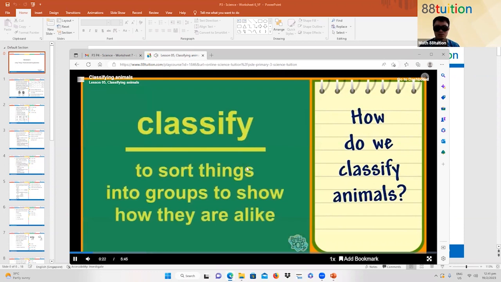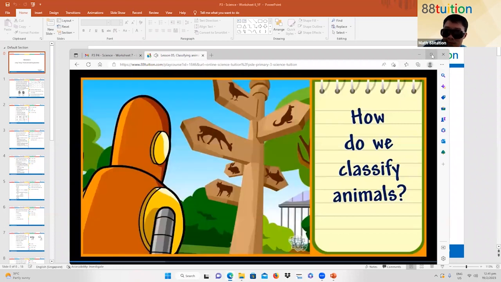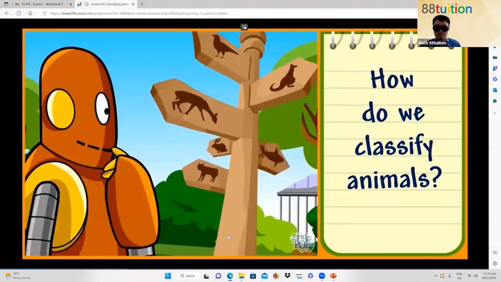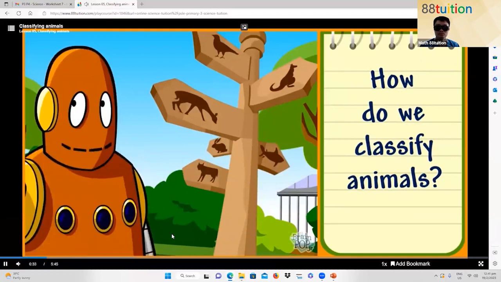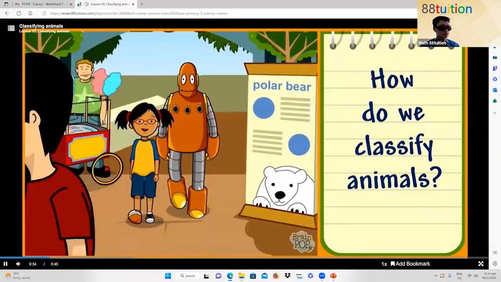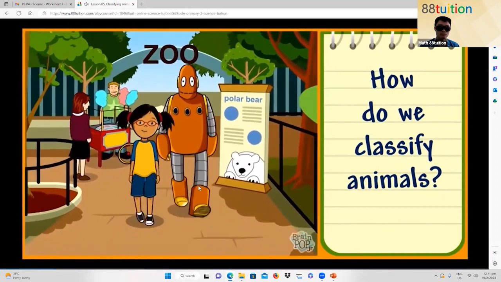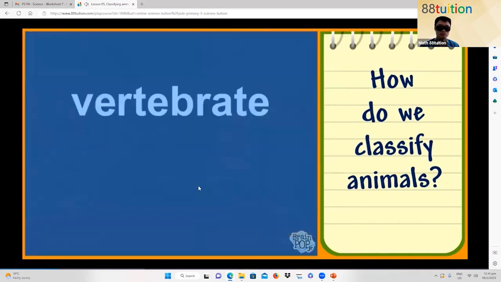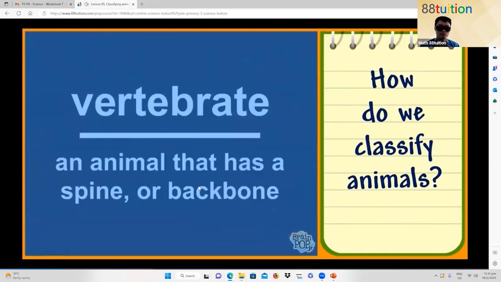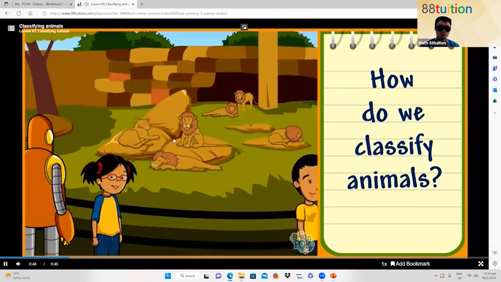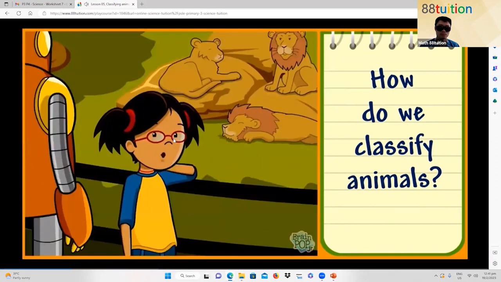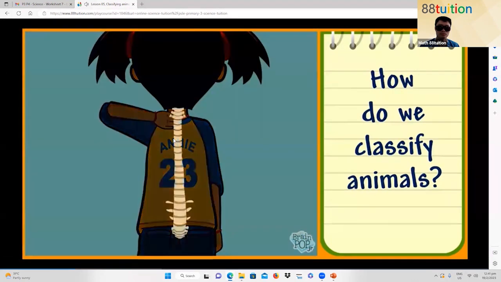When you classify, you sort things into groups to show how they are alike. Because there are many kinds of animals, it can help to classify them in different ways. All animals are divided into 2 main groups, vertebrates and invertebrates. A vertebrate is an animal that has a spine or backbone. People are vertebrates. You can feel your spine going all the way up your back and through your neck.